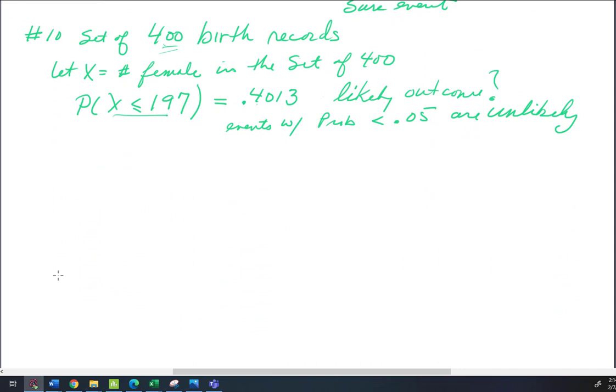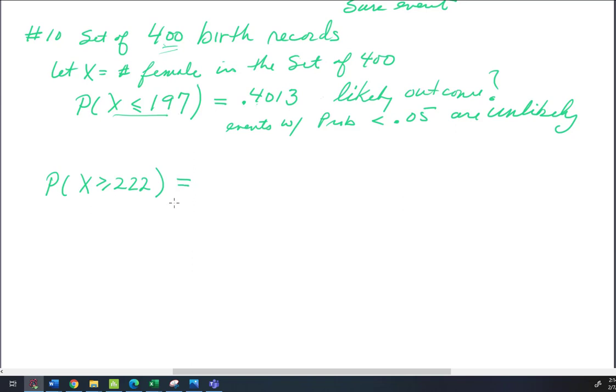What about the probability that X, again, the number of female births, is greater than or equal to 222 in this set of 400 that we randomly selected? Do you consider that likely or unlikely? First of all, get a number. So use subjective probability and get a number.